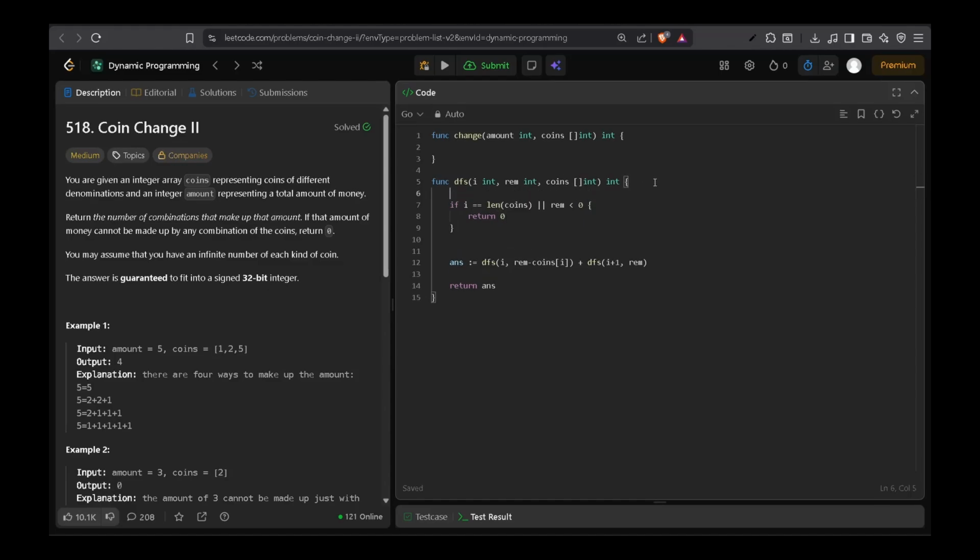And before that one, if we have reached the answer, if remaining is exactly equal to 0, then we'll return 1, right? We have found one of the ways to make the amount using the numbers. That's why we have reached a 0. Otherwise we would have reached a negative number, right?